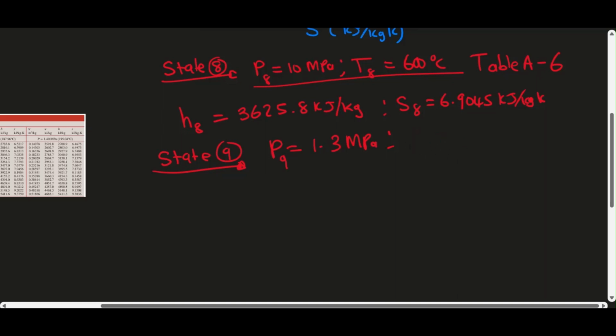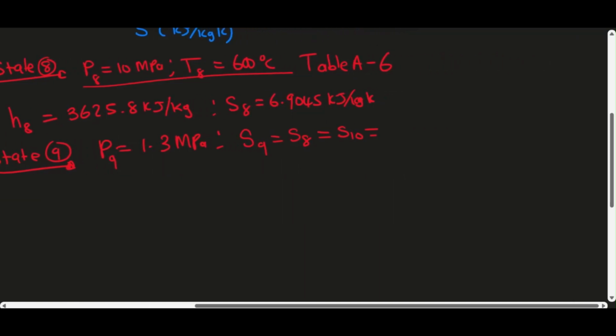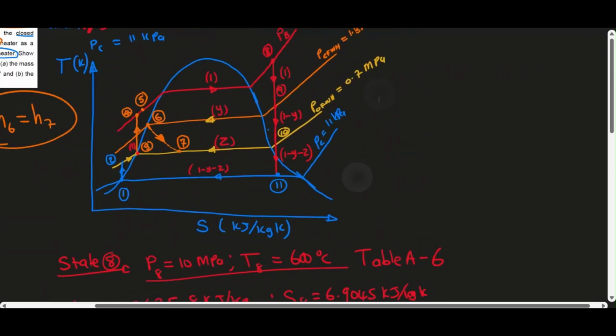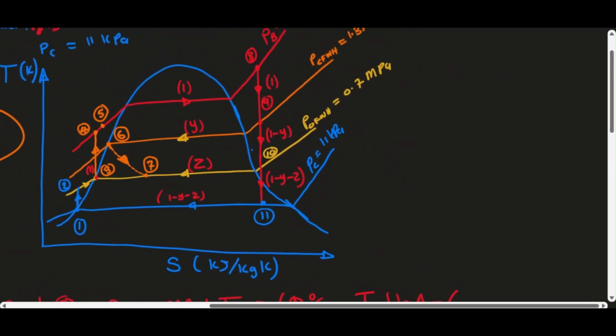However, what we do know is that S9 is equal to S8, which is also equal to S10. And you ask, how do we know that? Well, we know that because the TS diagram tells us.